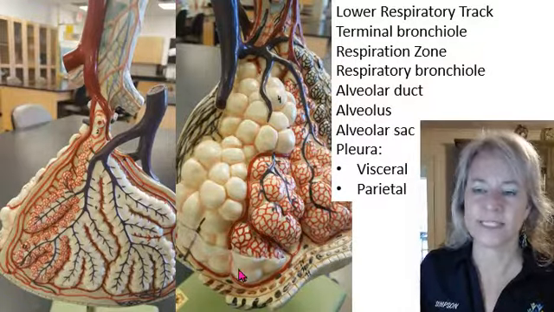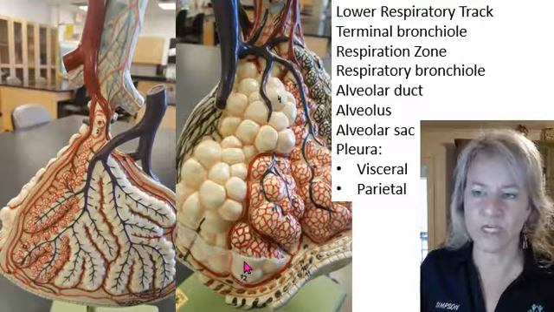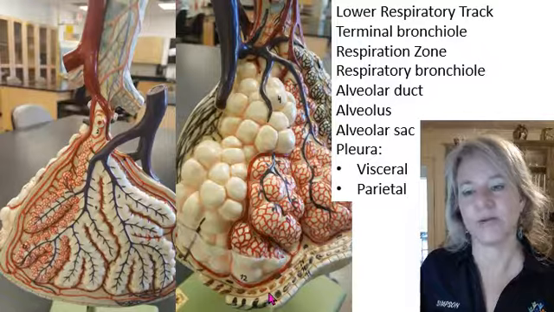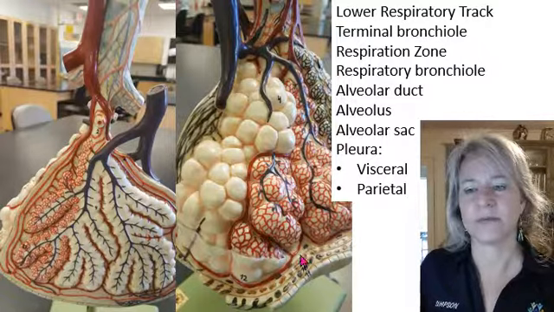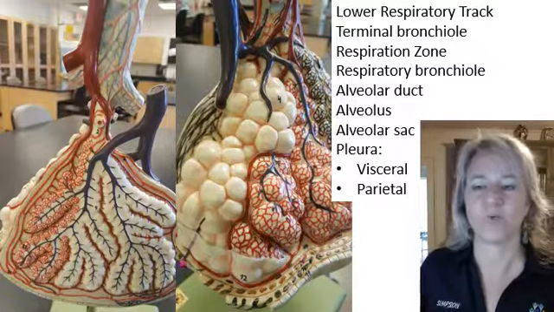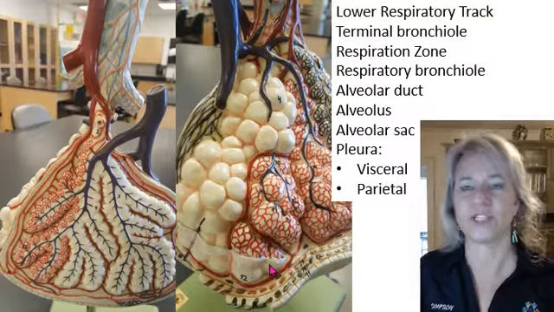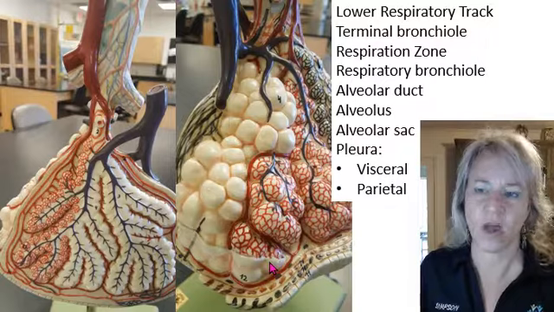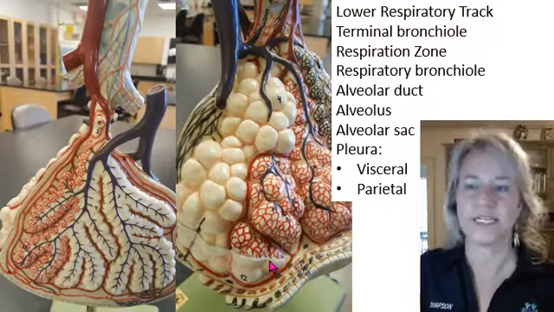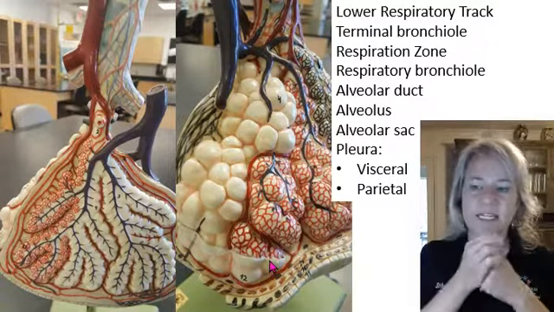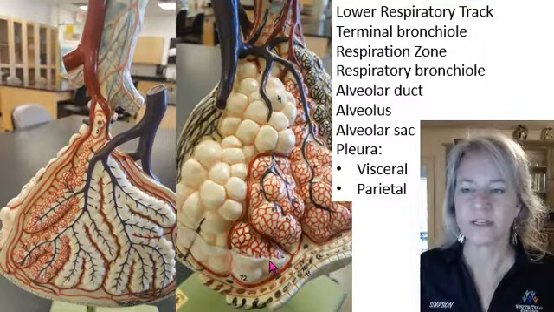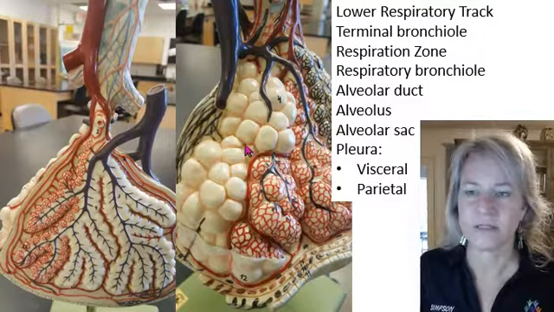And the layer that is attached is the visceral pleura. And this layer that is not attached is the parietal pleura. And between them is the serous fluid, water-like fluid that provides that friction-free environment. So it's like your lung is in a sack of water. So when it moves, it's not getting injured.